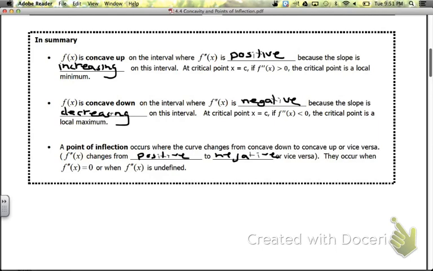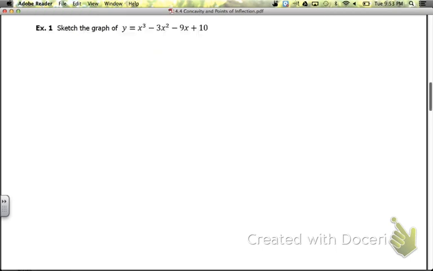So now let's go ahead and look at some examples. In example 1, we want to sketch a graph of y equals x cubed minus 3x squared minus 9x plus 10. So what we're going to do, our first step, is find the derivatives.